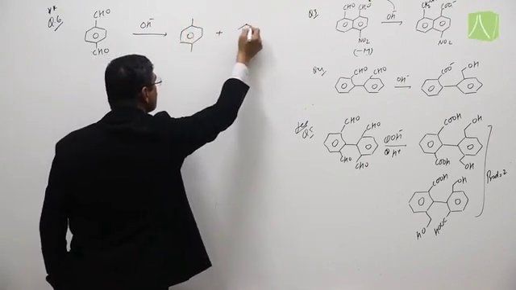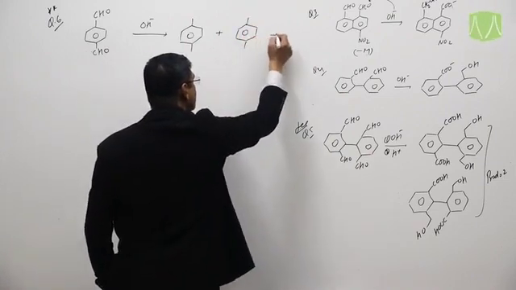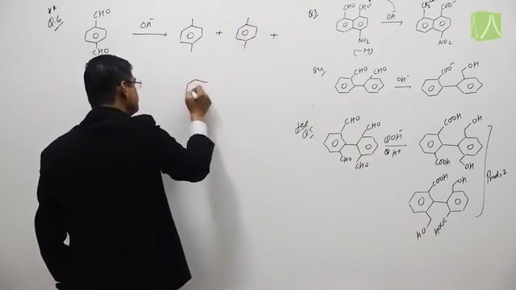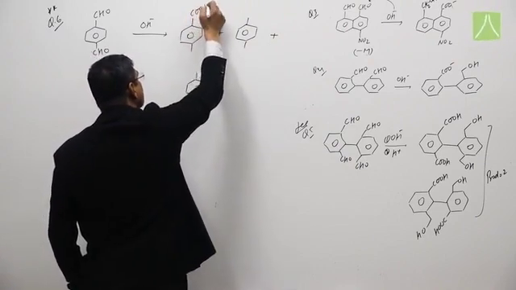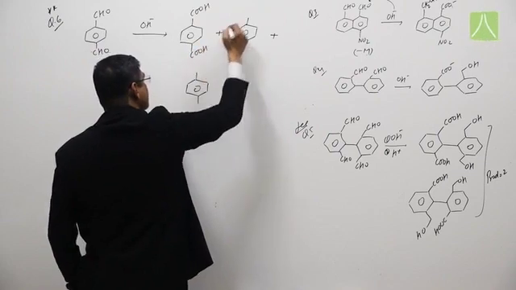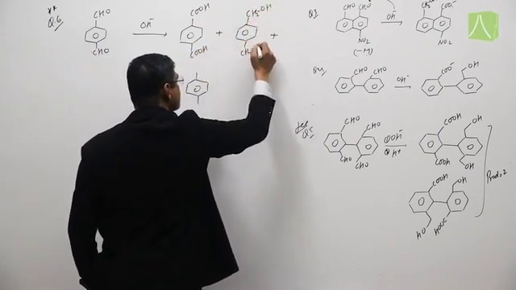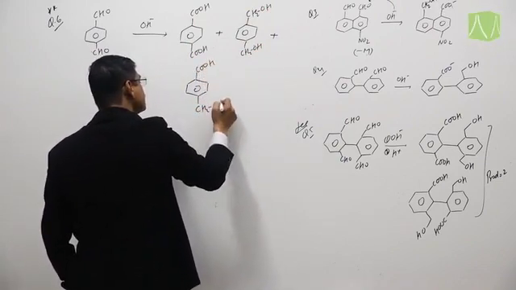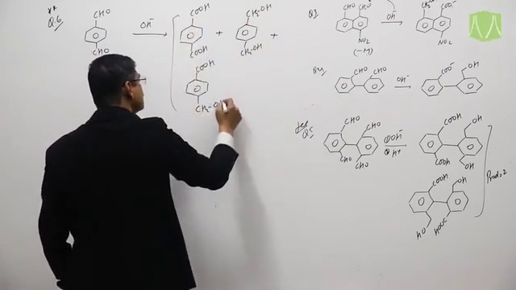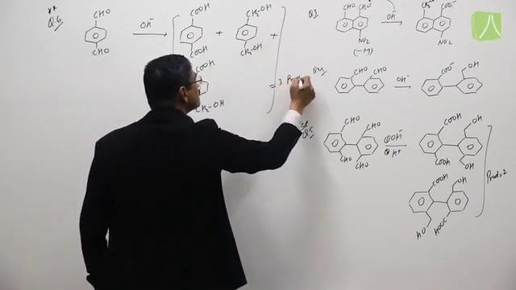So a total of 3 products are obtained in this reaction. Both are oxidized for the first ring, then both are reduced for the second ring. This is one combination. And another combination, one oxidized and one reduced. So a total of 3 products are obtained.